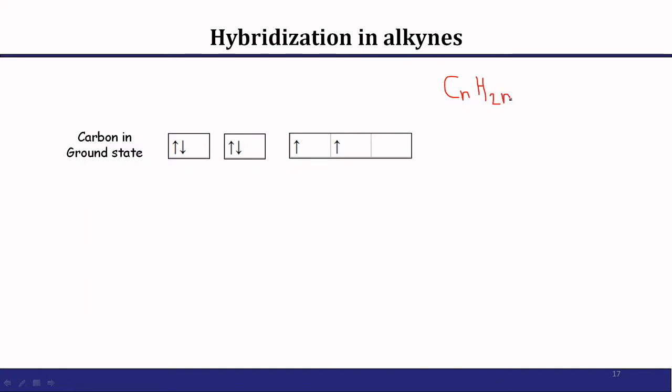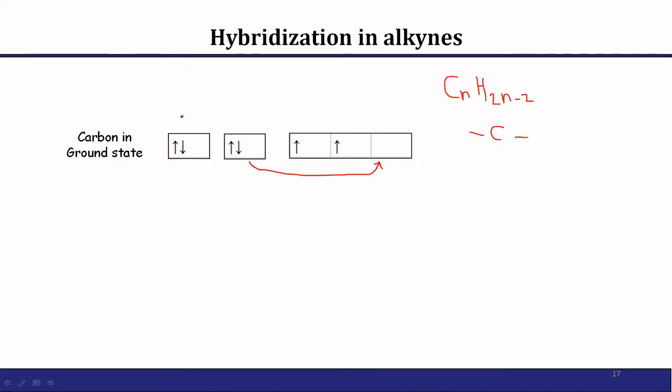So if you look at the electronic configuration of carbon atom in ground state, it has 1s2, 2s2, 2p2 arrangement. When energy is absorbed by the molecule either in the form of heat or light, the electron in the 2s orbital is promoted to the higher energy level, that is the 2p orbital.